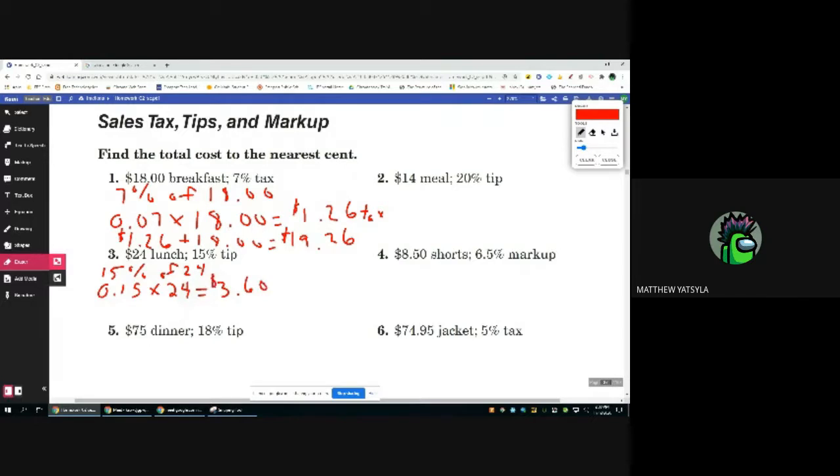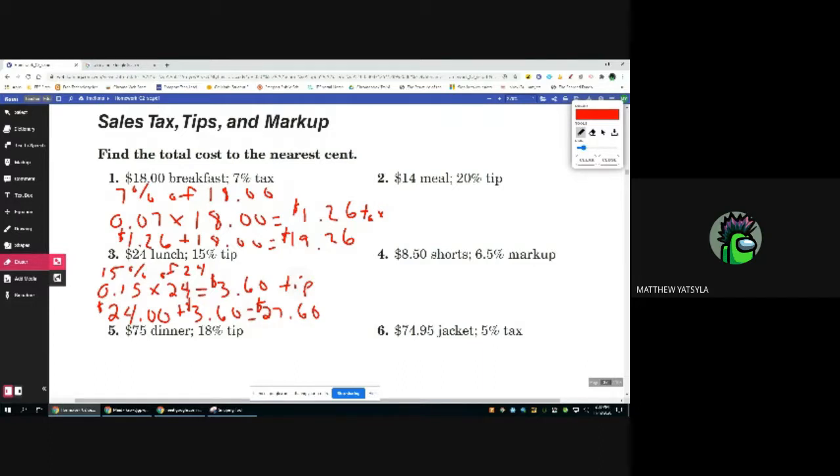Now this is going to be just the tip. Now I have to add that tip into my original price. So $24 plus the $3.60 would give me $27.60 that I would pay in total.